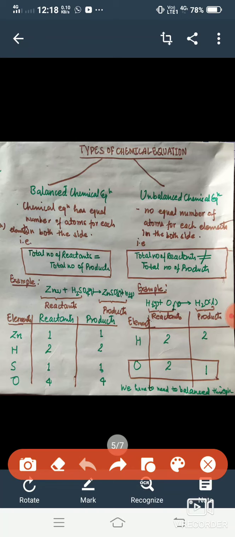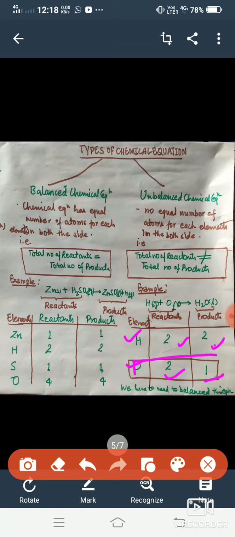Here in this equation two elements take part, hydrogen and oxygen. The number of hydrogen atoms on the reactant side is 2, and the number of hydrogen atoms on the product side is also 2. But the number of oxygen atoms on the reactant side is 2, and the number of oxygen atoms on the product side is only 1.